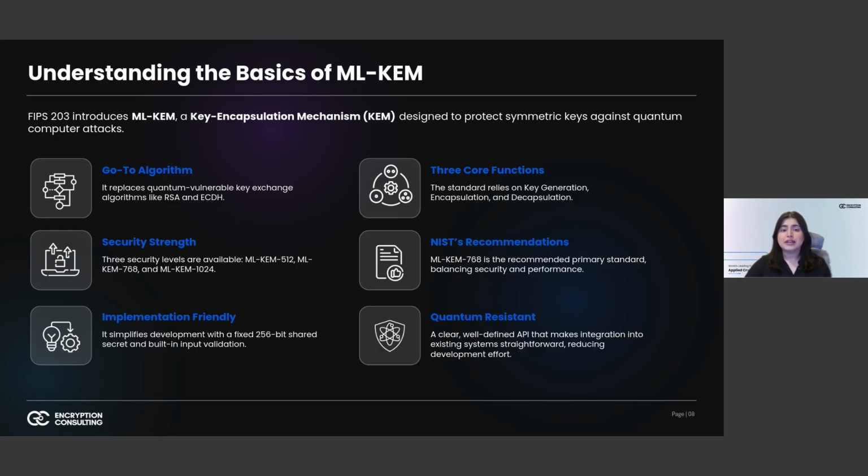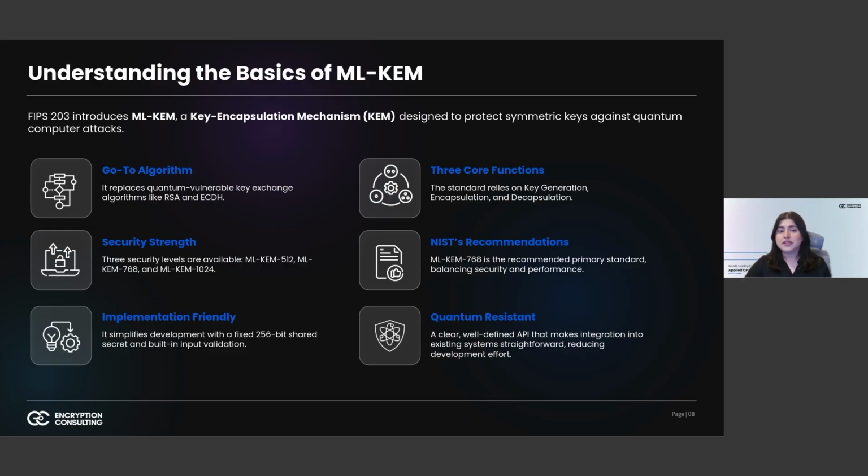It's the official replacement for everything we currently use to start a secure connection, like old RSA and ECDH. The process itself is clearly defined by the standard, revolving around three simple steps: key generation, encapsulation, and decapsulation. That's how we establish a quantum-safe connection.